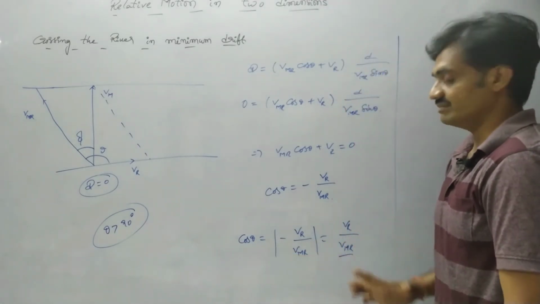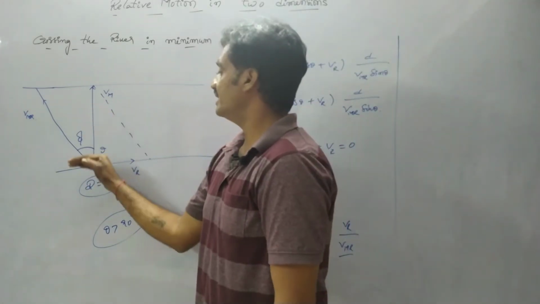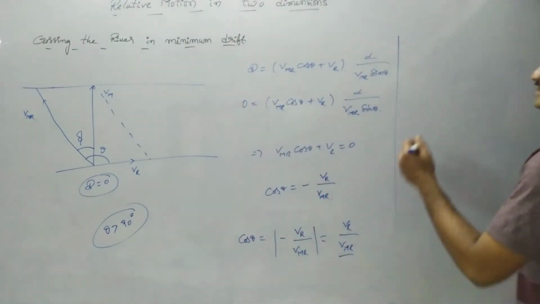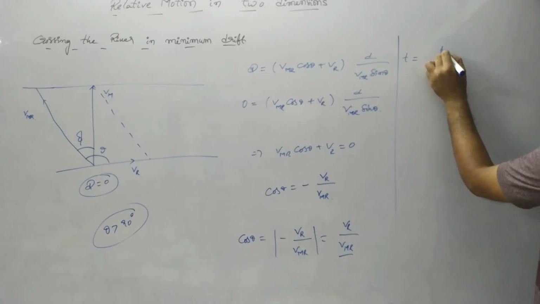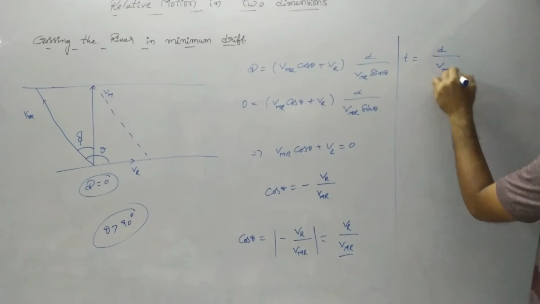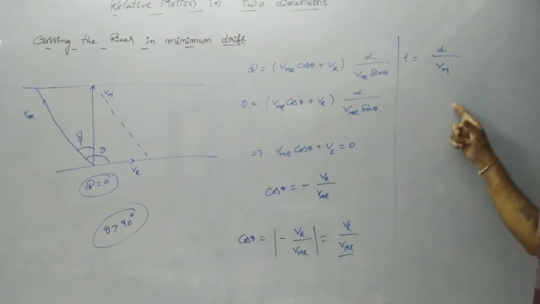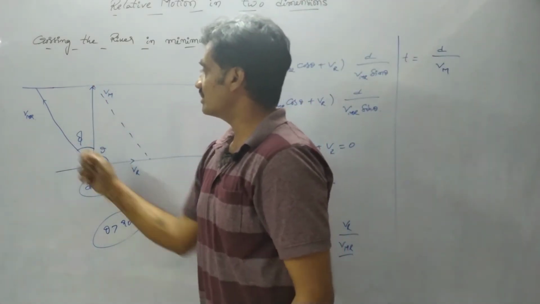Now we have to represent the time taken by the man to cross the river with the minimum drift. We know that the time taken by the man to cross the river is given as d by v_m. The velocity of the man is represented using cos phi. Why?